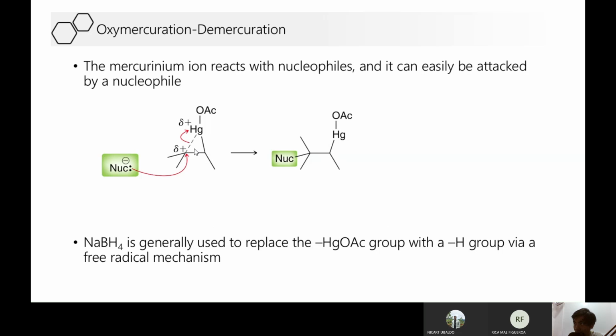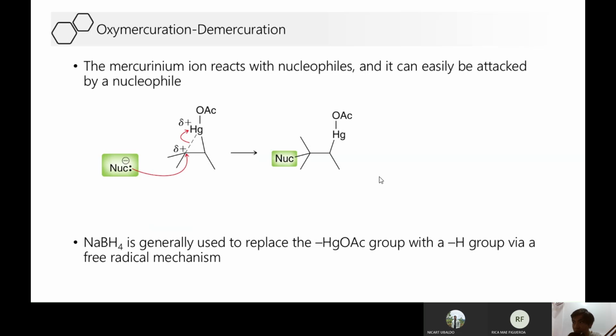This clip will be broken. So there is your nucleophile. So, that's the first step of the oxymercuration. Your double bond gets mercuric acetate attached, then the nucleophile attaches to the most substituted carbon. So it becomes one bundle with HgOAc.